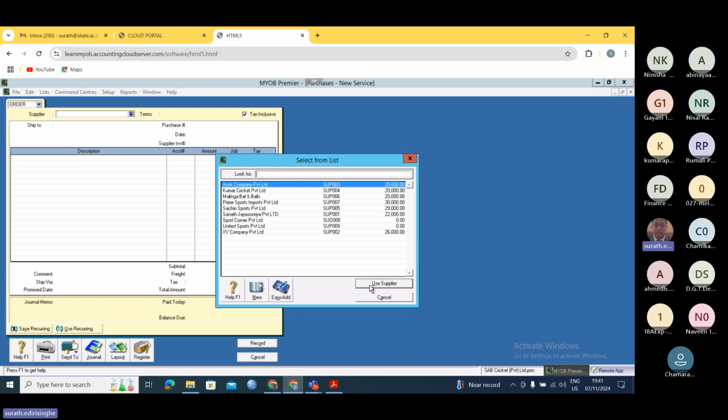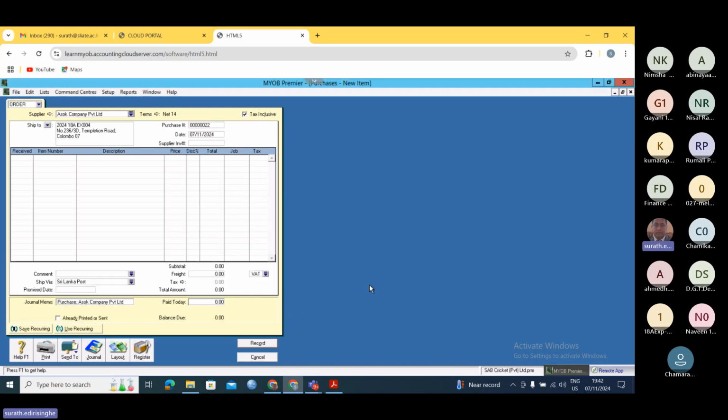I use this Ashok Company. You have to write down this transaction step by step. Now I entered my PO number, PO 020.